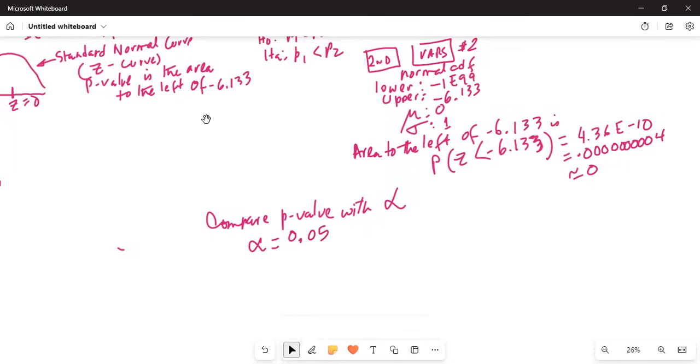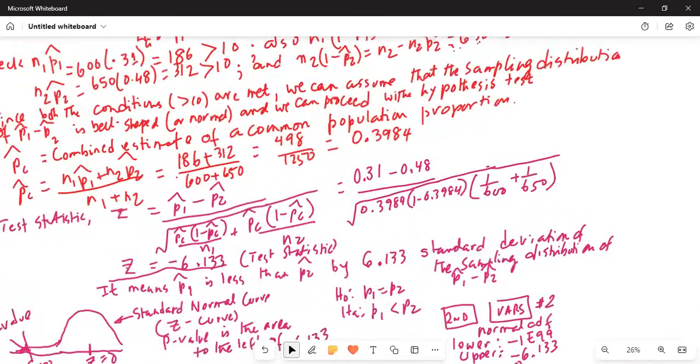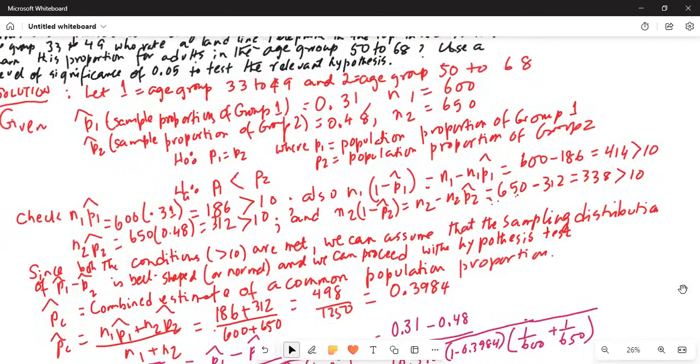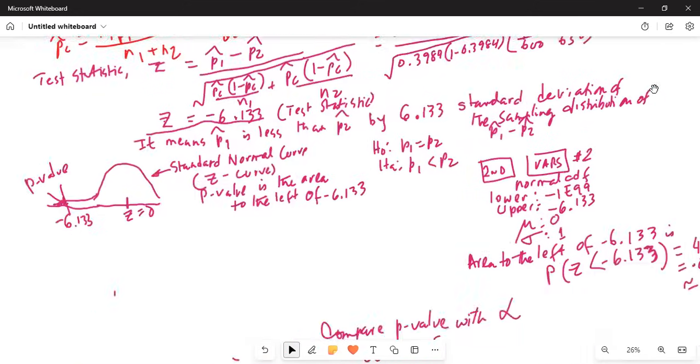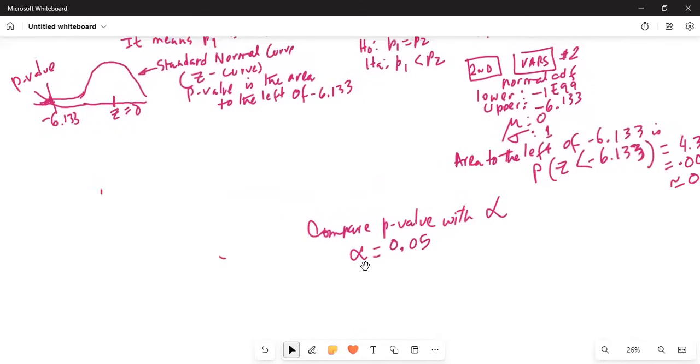Yes, it's 0.05. So alpha, the level of significance, is 0.05. So the p-value is 0. So p is less than alpha. The decision is reject H0.